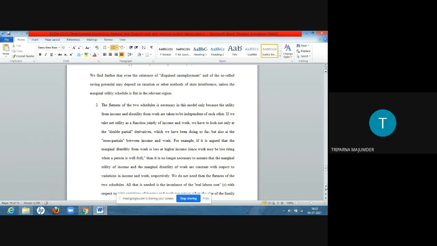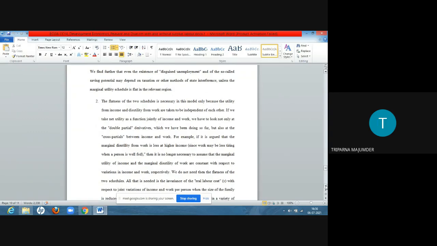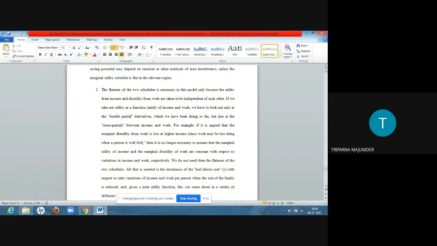For example, if it is argued that marginal disutility from work is less at higher income, it is possible, since work may be less tiring when a person is well fed, then it is no longer necessary to assume that the marginal utility of income and marginal disutility of work are constant with respect to variations in income and work respectively. We do not need then the flatness of the two schedules.